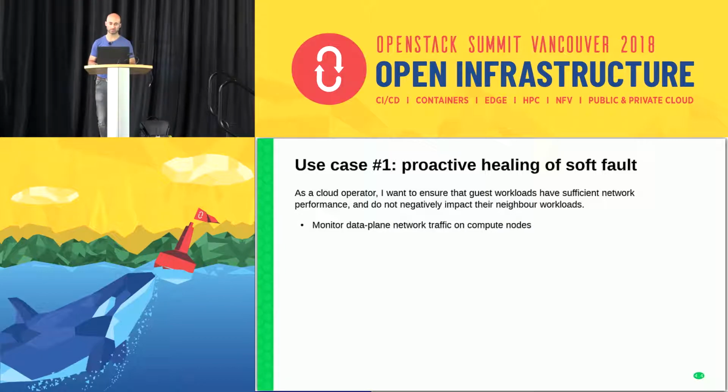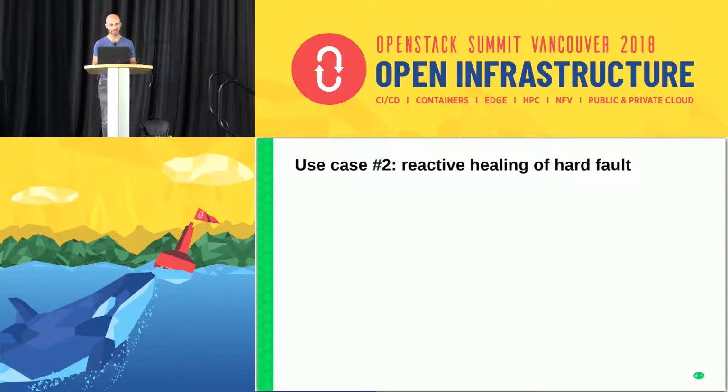So we can address that by monitoring the network traffic utilization on the data plane on the compute hosts, and then if it exceeds a certain threshold, then we can migrate VMs and offload that network traffic onto other hosts so that we've avoided a problem before it gets serious.